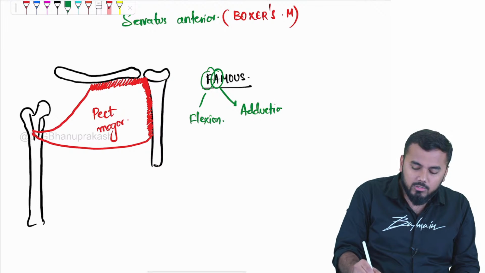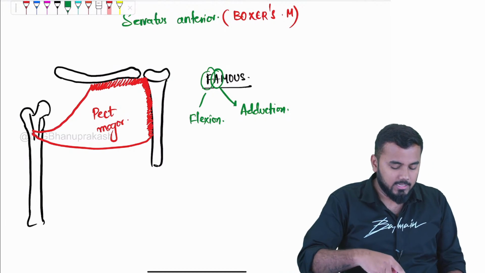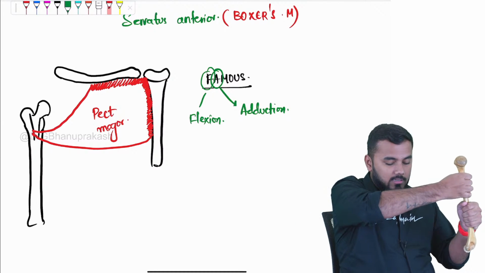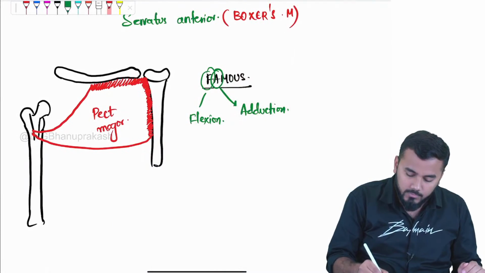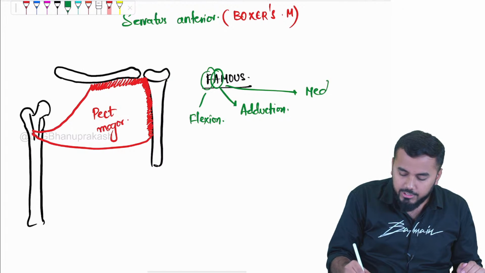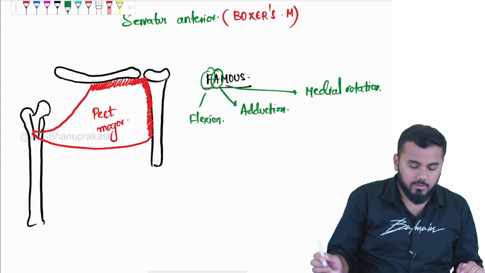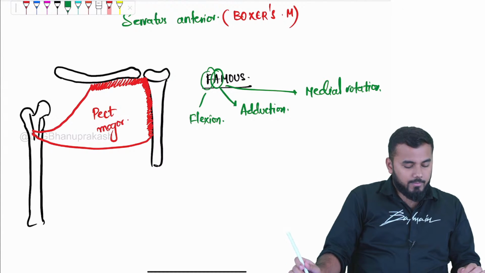Now you might get a doubt, sir, how to remember adduction. Simple thing, guys. My hand is pectoralis major. It is catching this humerus. Now I'm pulling it. When I'm pulling it, my humerus is coming inward. It means towards the body, adduction. And M stands for medial rotation.